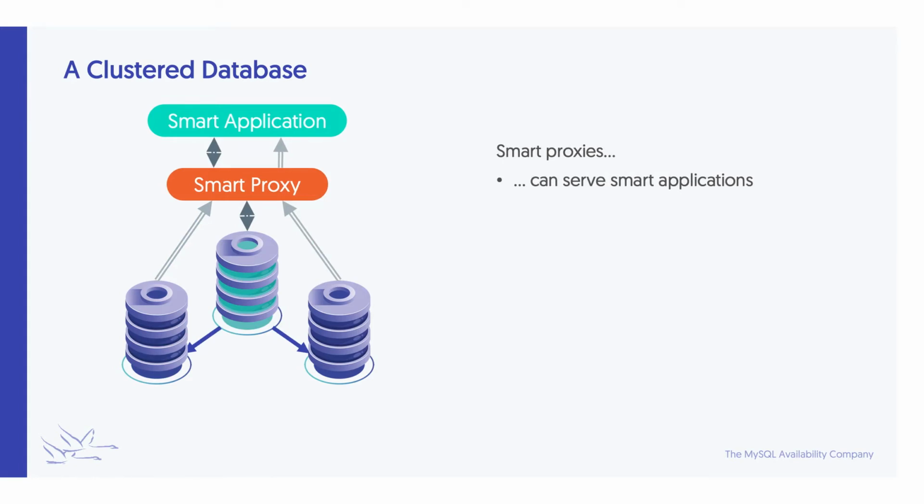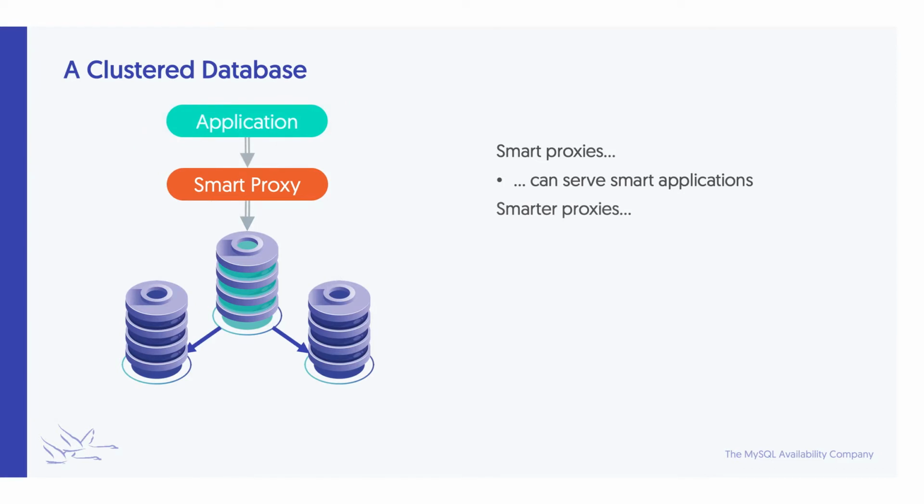The smart applications that we saw just earlier will also be able to access smart proxies with two links, one for read-writes and one for reads, so that the master will be unloaded from read traffic. So the smart application knows what kind of SQL traffic it can send to the proxy and will ask for a read-only link.